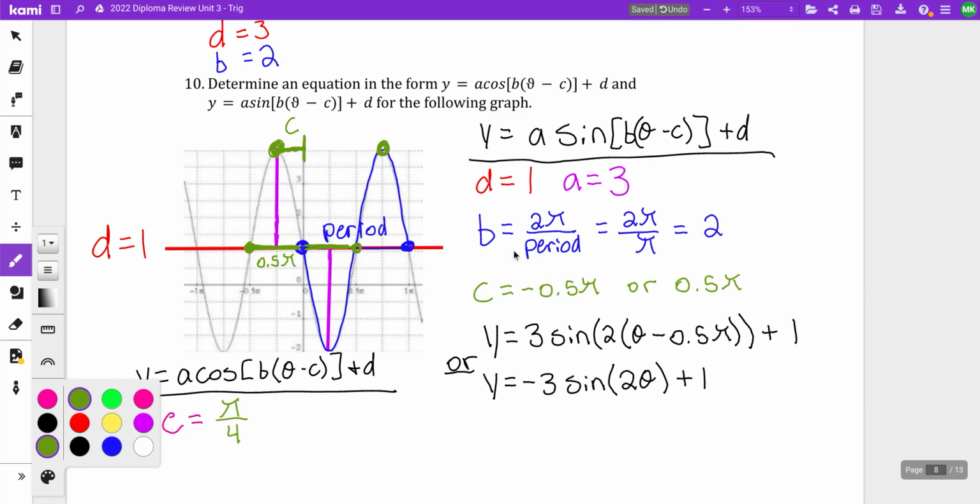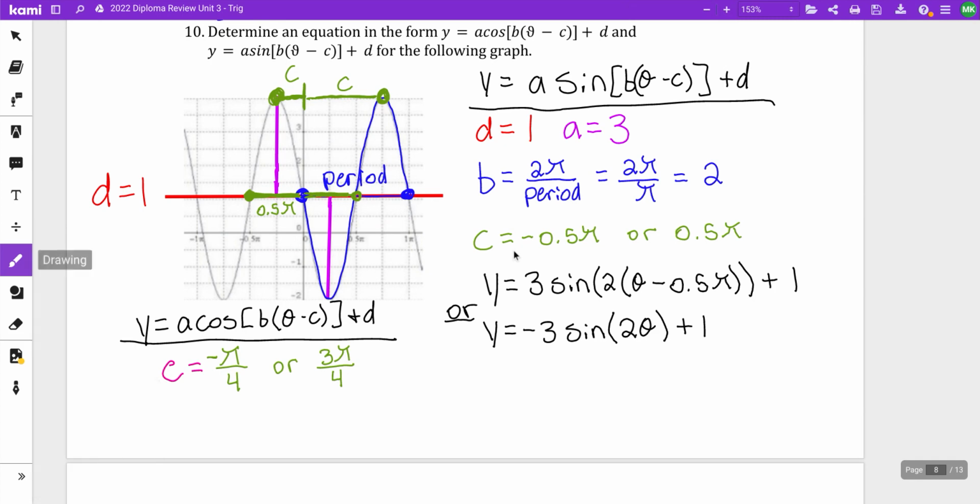So instead of saying I went to the left pi over 4, you could say it went to the right 1, 2, 3 pi over 4. So either I went to the left, negative pi over 4, or to the right, 3 pi over 4. Both of those would be correct, because you're just shifting the whole thing over.